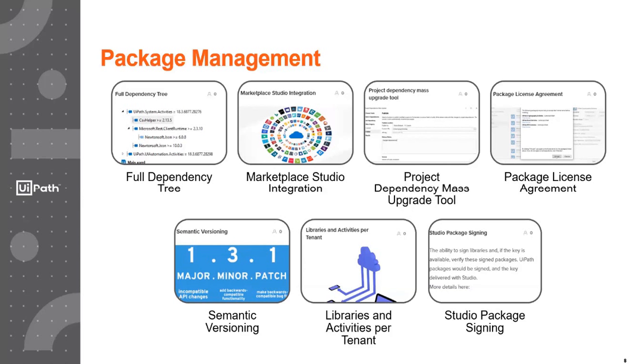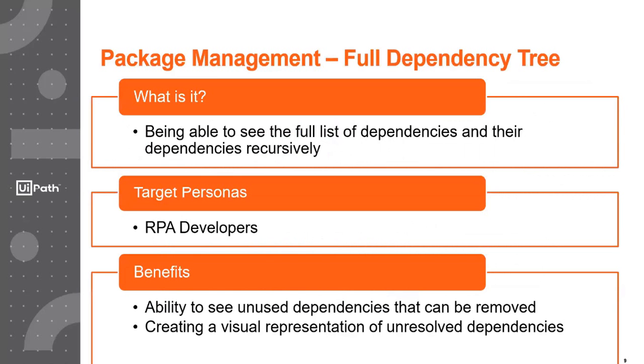We're going to dive into the full dependency trees, because this is something quite major that we've changed this year, in the sense of how packages and dependencies are managed. Before this update, you would have the packages managed globally.